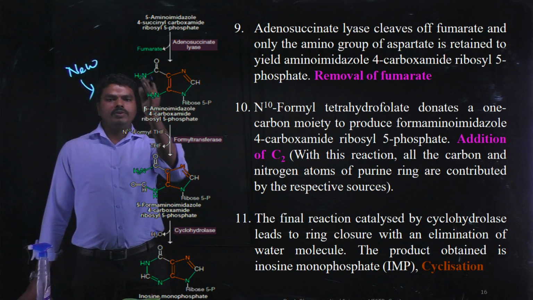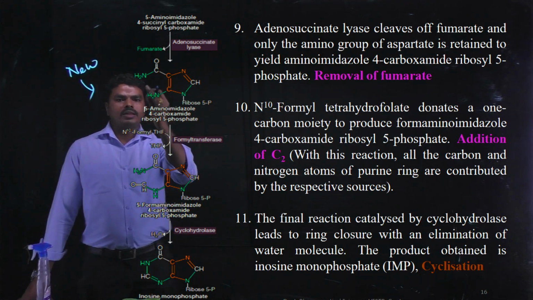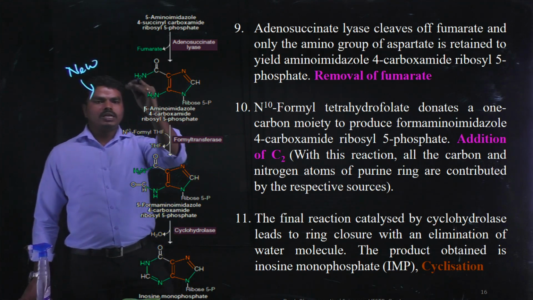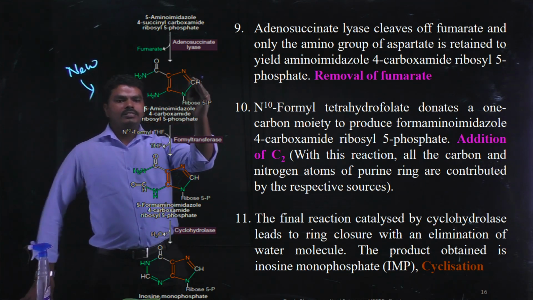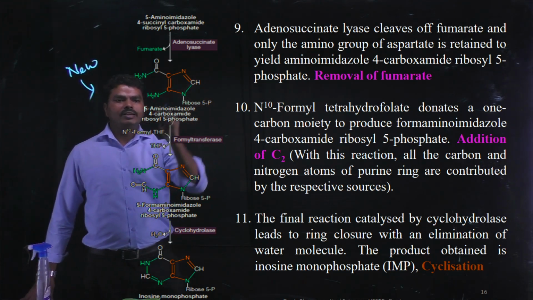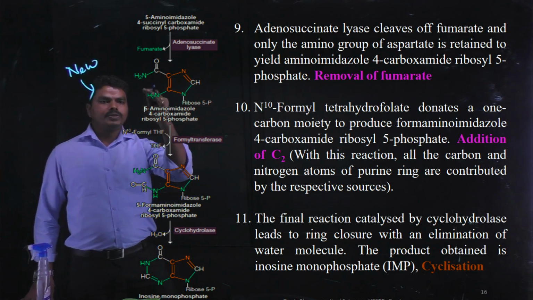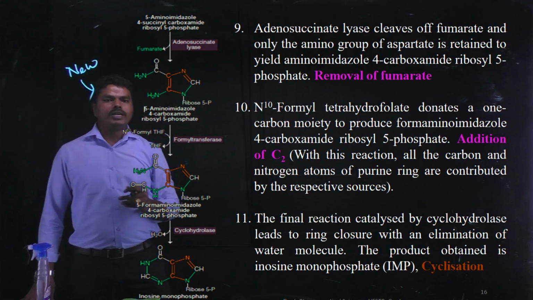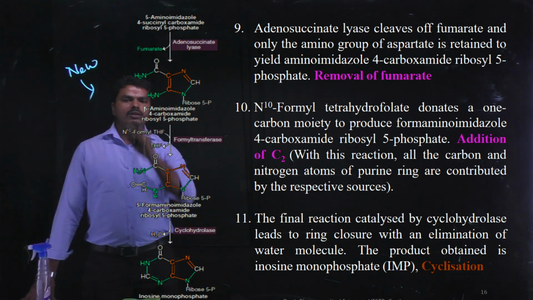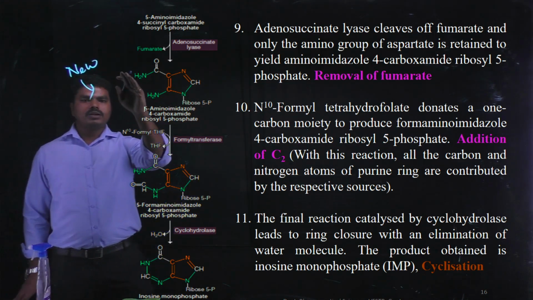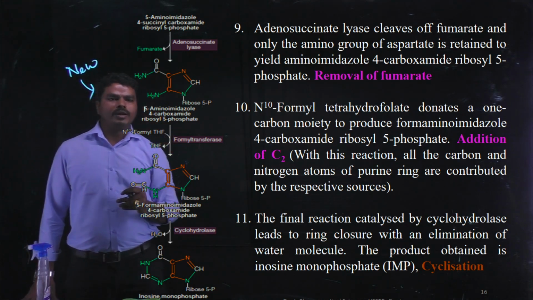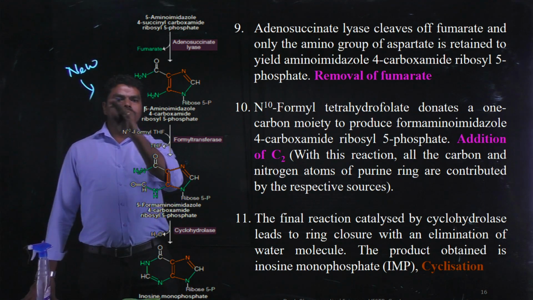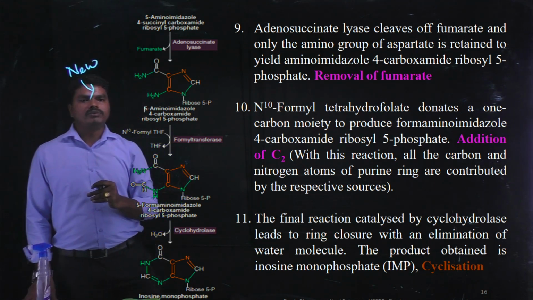It cleaves off the fumarate group, thereby converting it to 5-amino imidazole 4-carboxamide ribosyl 5-phosphate.